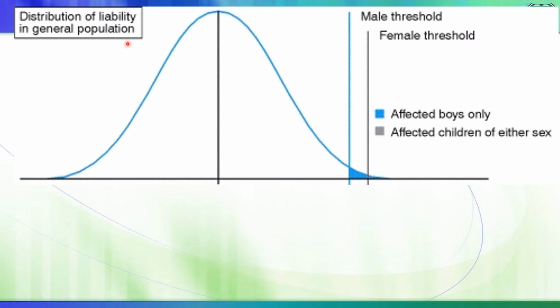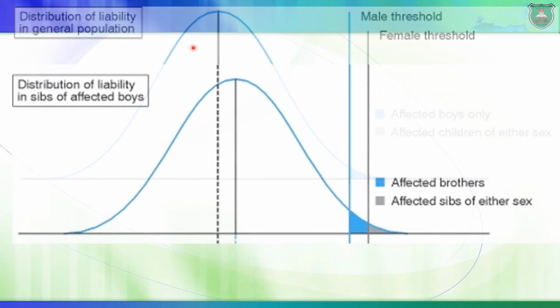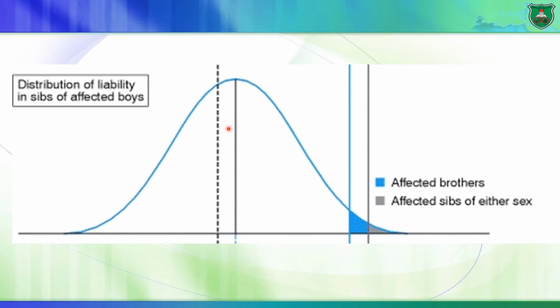Now, let's look at the curve if a male is affected in a family, and let's look at the risk of other individuals in that family being affected. The curve, again, would shift to the right. The same threshold applies, so you can go back to the previous slide and look at the drawings. It's the same number of factors, but you have more males affected.